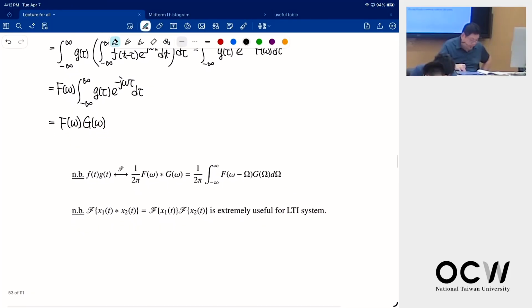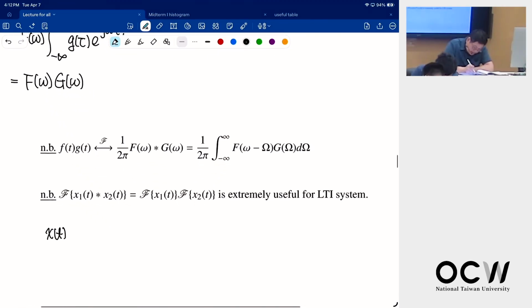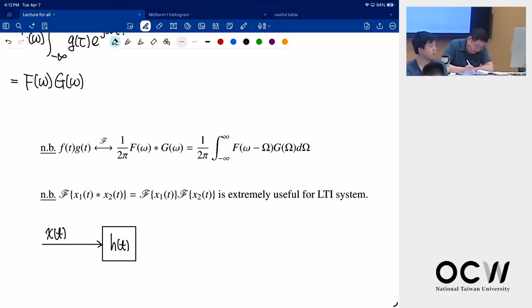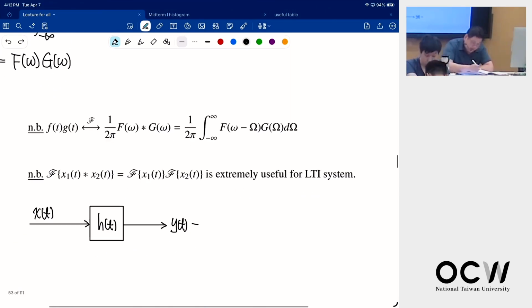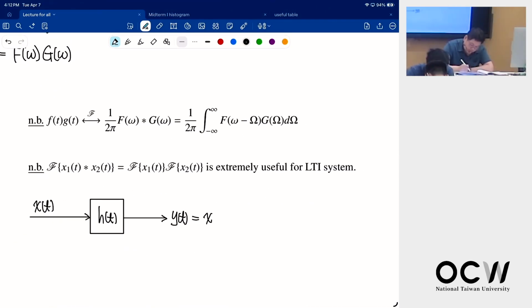Okay, so if I have a signal, send it to the system, then what is the output? The output is signal convolved with the system.